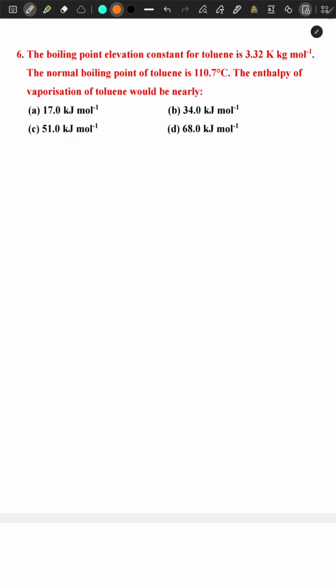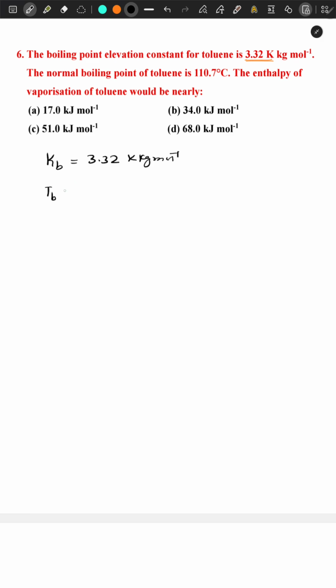So now coming to question number 6. The boiling point elevation constant for toluene is given, so the Kb value for toluene is 3.32 Kelvin kg per mole. The normal boiling point of toluene, that means the boiling point of the liquid, is given.